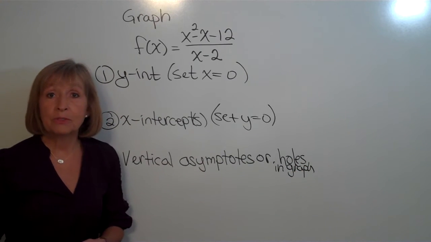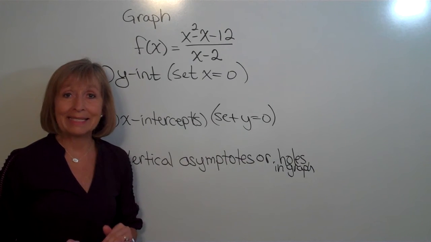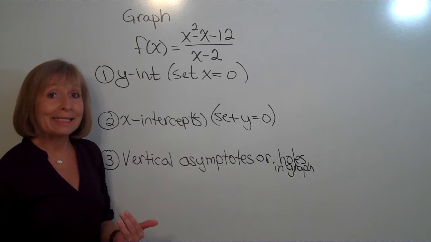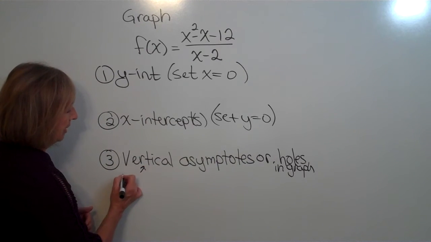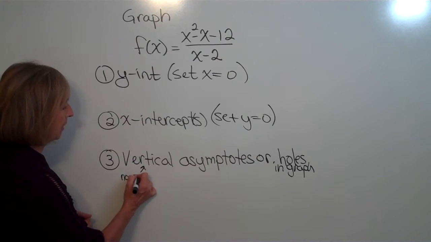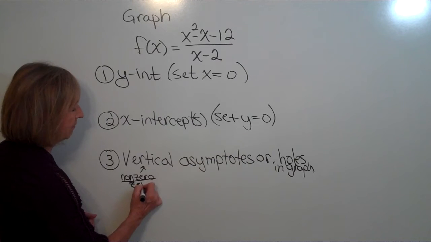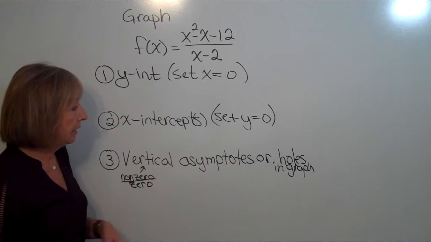The vertical asymptotes will happen where we have x values that make the denominator of the function 0, but do not make the numerator 0. So for vertical asymptotes, this is a non-zero number divided by 0. So the x values where that occurs, that's where we'll have a vertical asymptote.